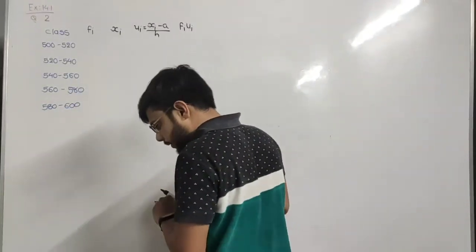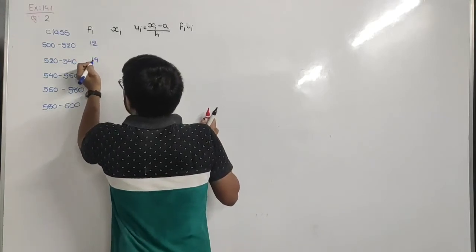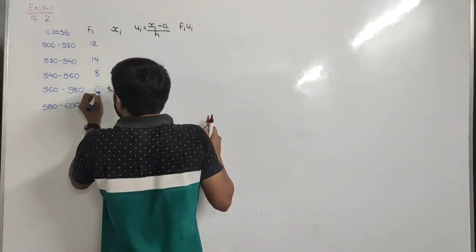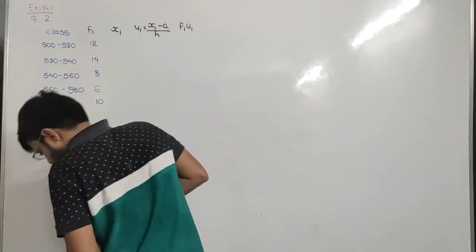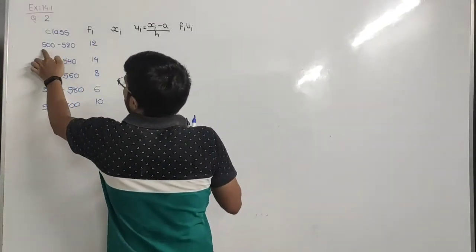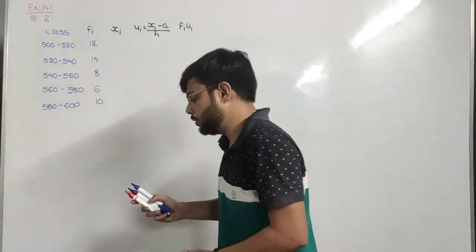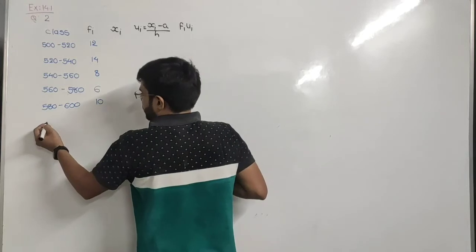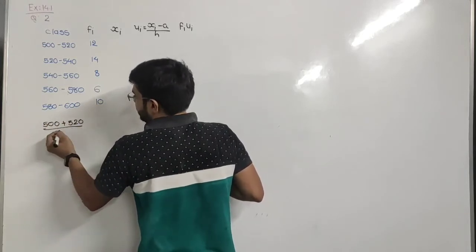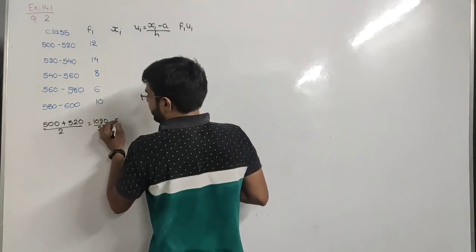Now Fi is given, that is 12, 14, 8, 6 and 10. Xi is equal to, we know, 500 plus 520 divided by 2, that is 1020 divided by 2, which is equal to 510.